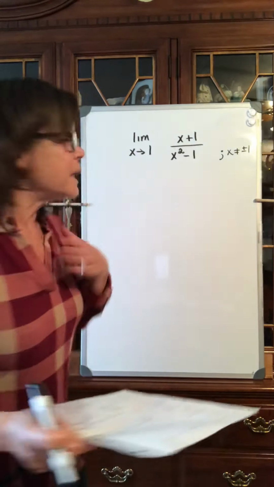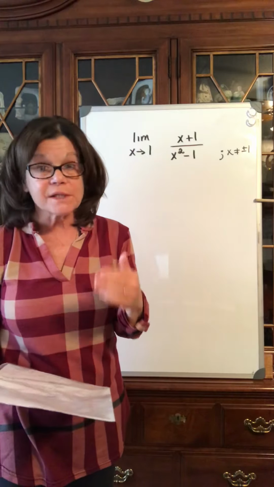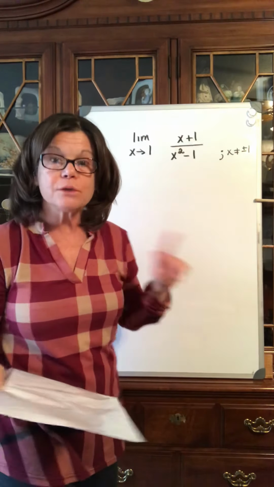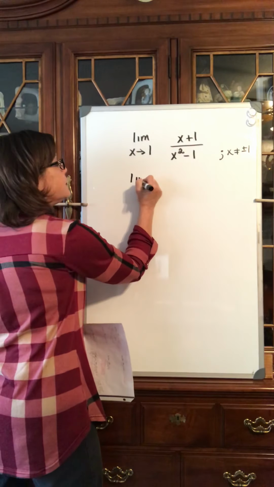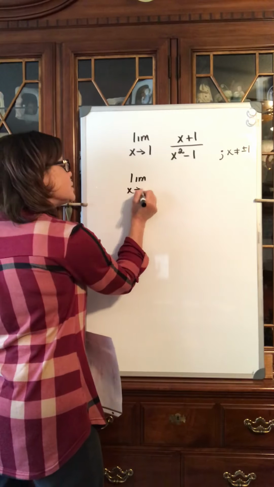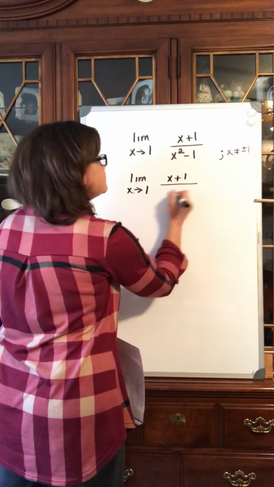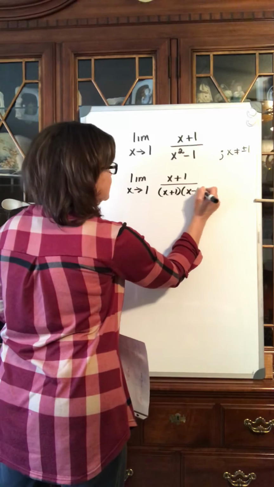I don't know if, as x is approaching 1 from the left and the right, this function is approaching the same y value. I'm going to show you the graph after I do the algebraic part. So if we try to evaluate the limit as x is approaching 1, I'm going to simplify by factoring the denominator into x plus 1 times x minus 1.